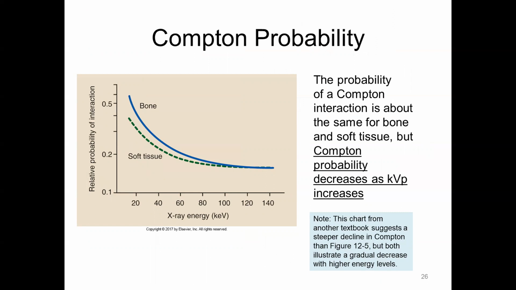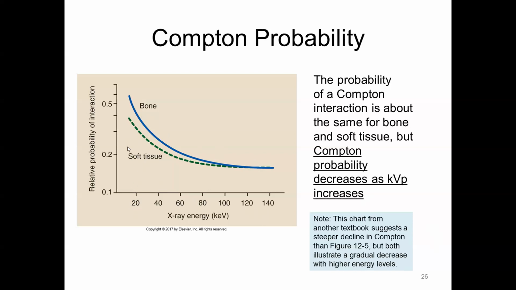And the probability of having a Compton scatter interaction decreases as your energy level increases. So we got soft tissue in the green line, we got bone on the blue line.